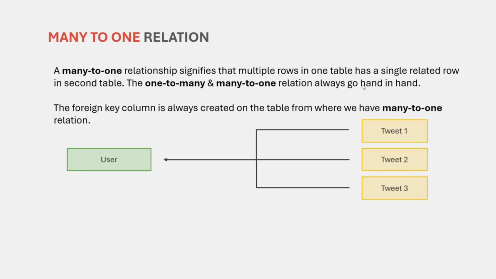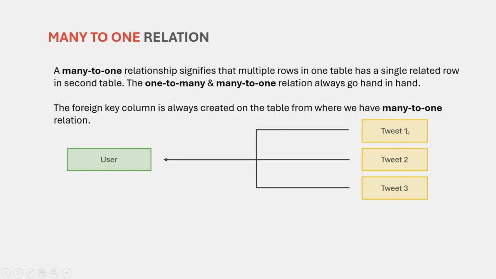Very important that when we have two tables where we have one-to-many relationship in one direction and many-to-one relationship in other direction, then the foreign key column will always be created on the table from where we have many-to-one relationship. In this example, we have one-to-many relationship from user to tweet, and we have many-to-one relationship from tweet to user.